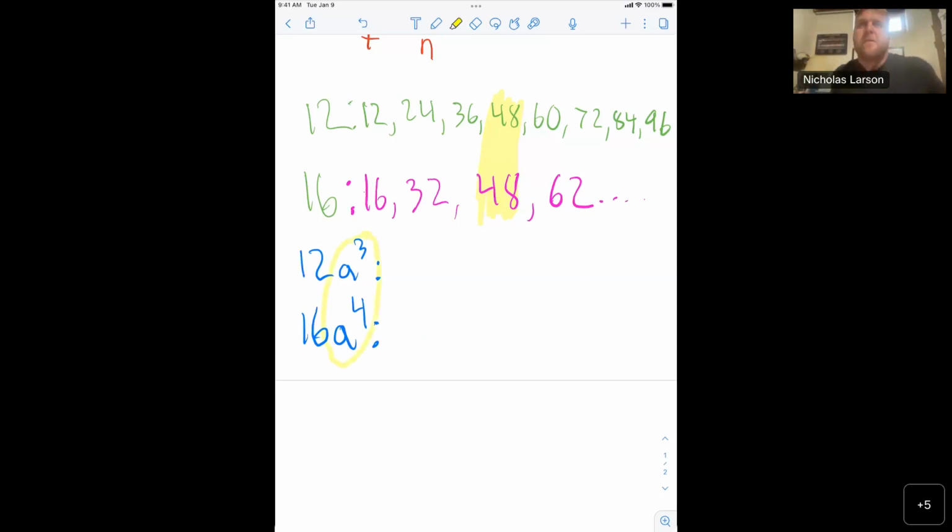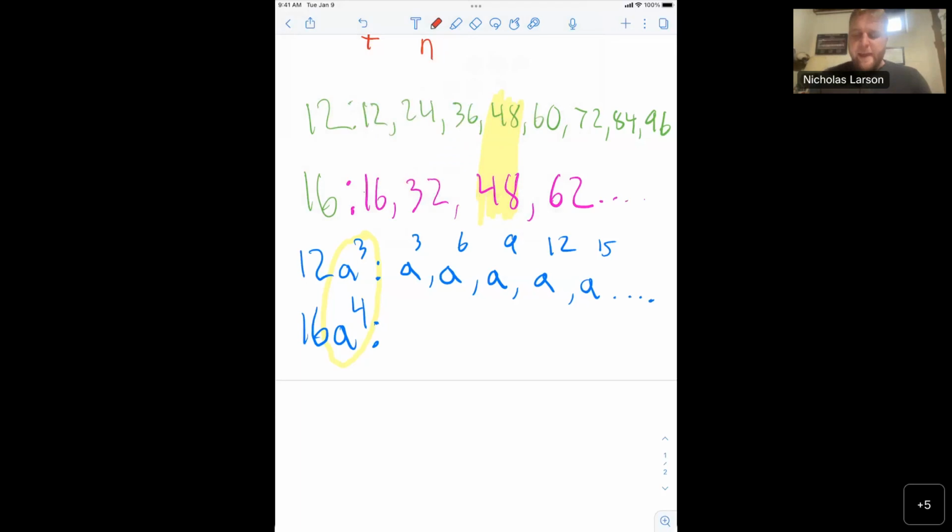I'm trying to find when a to the third and a to the fourth are going to have the least common multiple. So as I go through this, a to the third is the first term, then I'm going to add 3 more, or else it's called a to the sixth. And then if I add 3 to that, it'd be a to the ninth, and then a to the 12th, a to the 15th, so on and so forth.